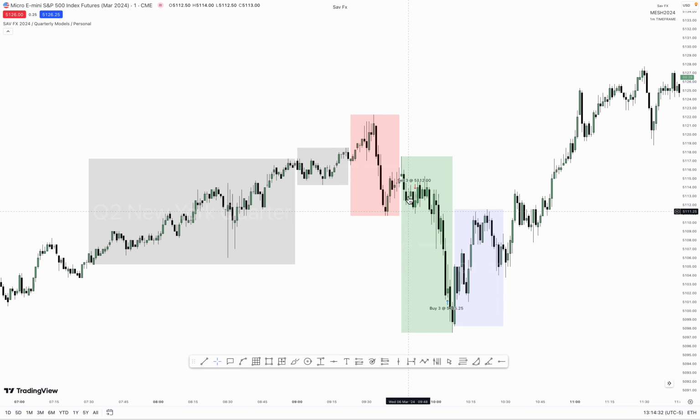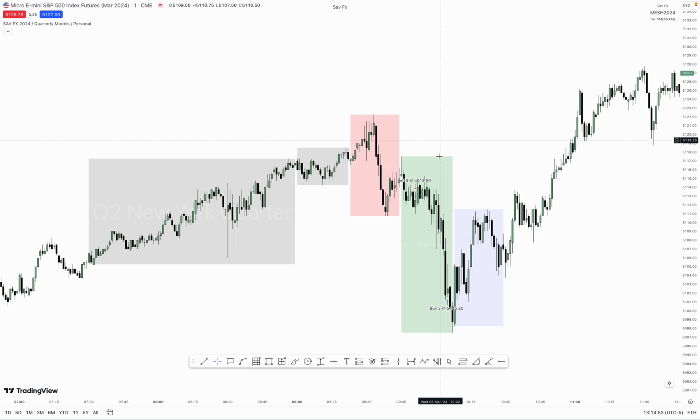Notice that this range is Q3, the Q3 distribution. We know this accumulation, manipulation, distribution, reversal or continuation. It sweeps the previous quarter low, and we're anticipating a reversal. Basic and clear, if you've been watching the videos.